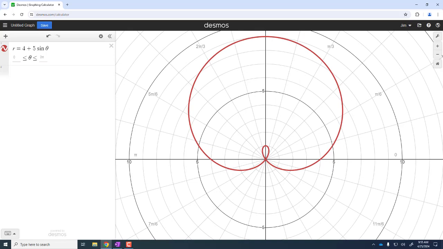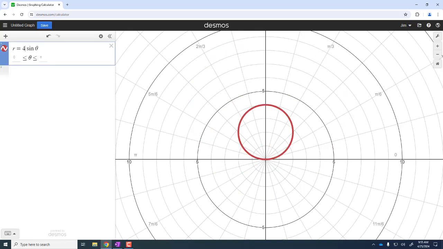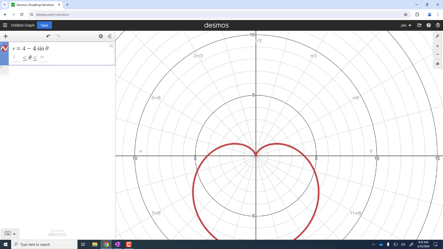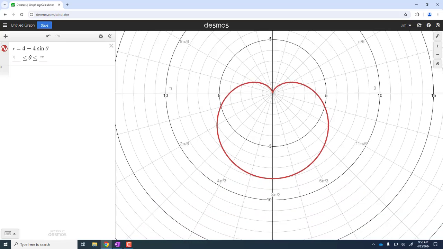Okay, so when you're dealing with cardioids, the thing I want you to notice is that there are 4 intercepts. And the intercepts are always going to form a capital T. So intercept, intercept, intercept, intercept. If we know we have a cardioid, then we can say, let's find the 4 intercepts and then connect the dots.